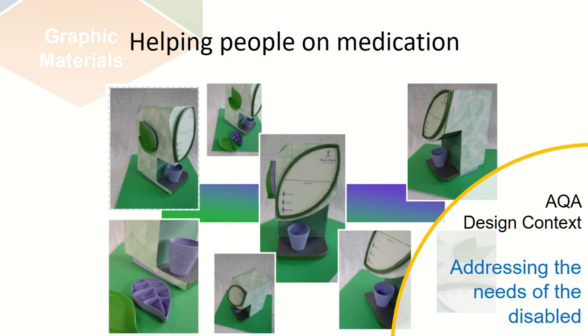Here we've got a student who chose a different design context, which focused on the needs of the disabled. And within that, she identified the problem of the elderly and those who are trying to manage quite large medication regimens, lots of different pills to be taken at different times in different circumstances. She too designed an electronic product with an interactive screen, and this product would dispense the pills into a little cup.